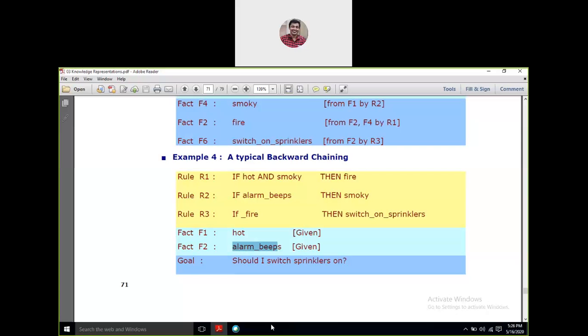If the alarm beeps, then it is smoky. And if there is fire, then switch on the sprinklers. And there are two facts that are given to you: it is hot and the alarm is beeping. So my goal state is now to prove or to answer a question, that is, should I switch on the sprinklers? Right?